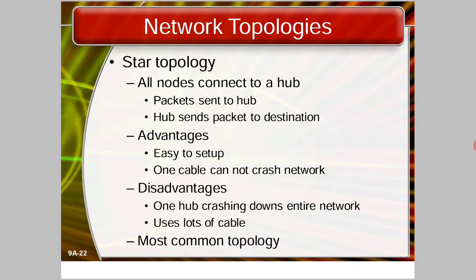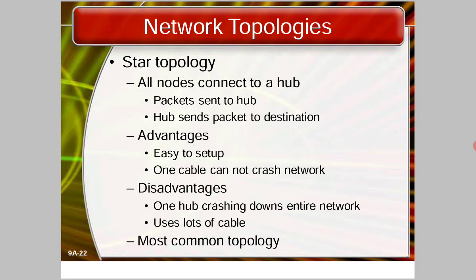Generally in star topology, packets are sent to the hub from the workstations, and the hub sends packets to the destination. So in star topology, we may use cables or wires. By using these cables or wires, we may send packets from one node to another node.